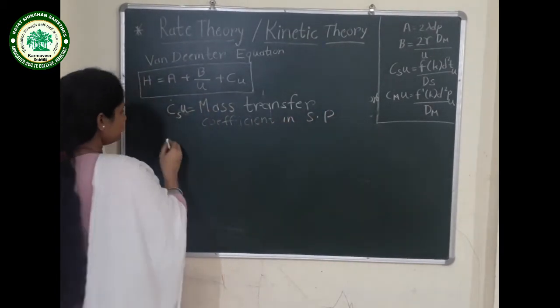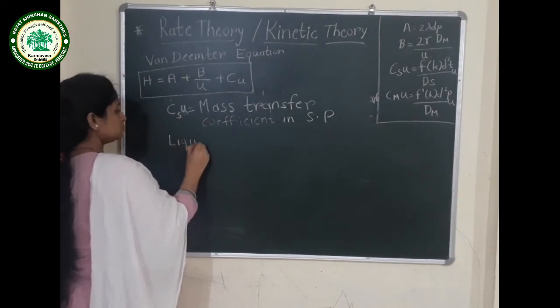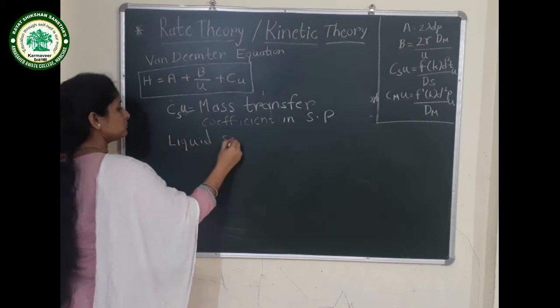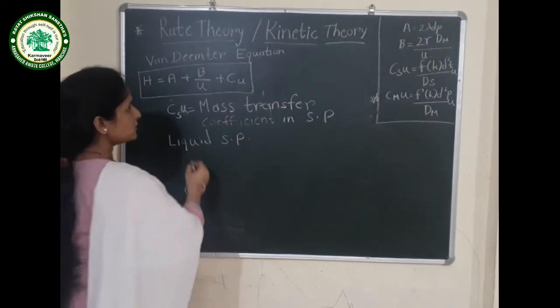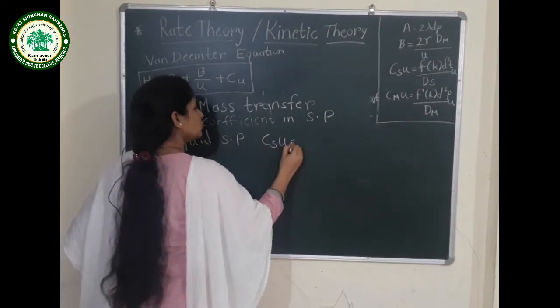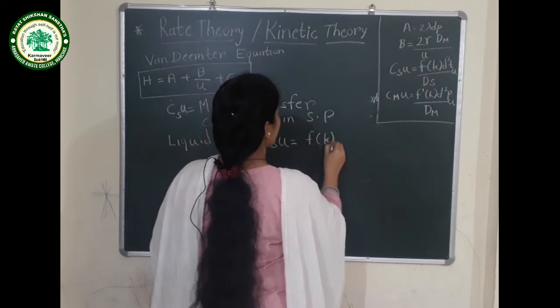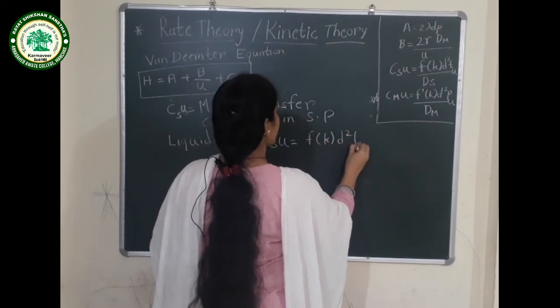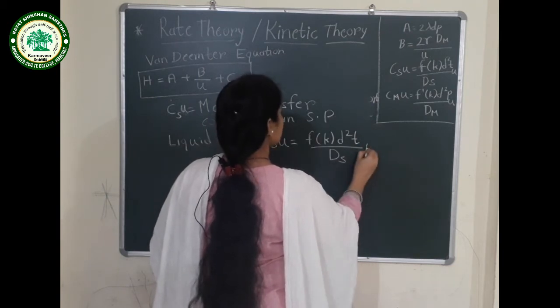Now when we are using a liquid stationary phase, the equation is Cs u is equal to f k d square t upon Ds u.